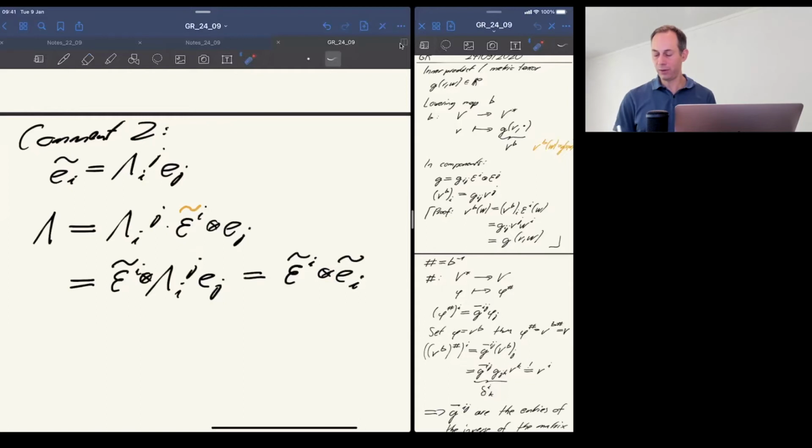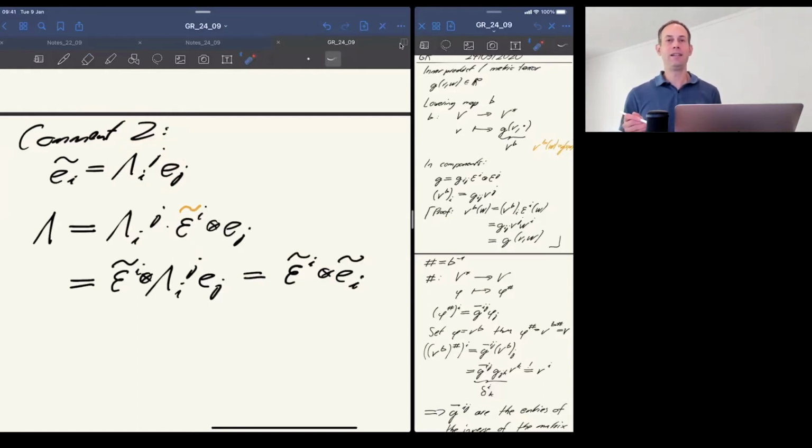You can say that this whole thing acts with this on whatever is given, or with this, but in both cases you get the identity. So in other words, if you take these coefficients and interpret them as the coefficients of a tensor in the right way, then this is just a fancy way to write the identity operation. So the basis independent way to write the lambda is just to say it's the identity.